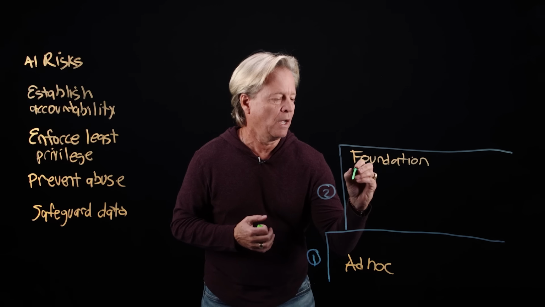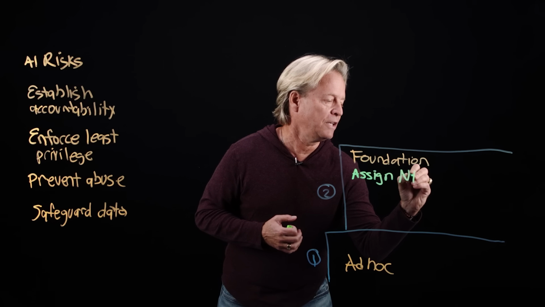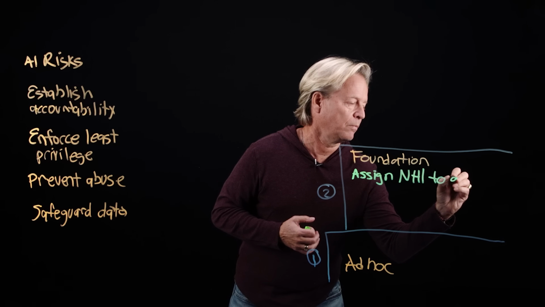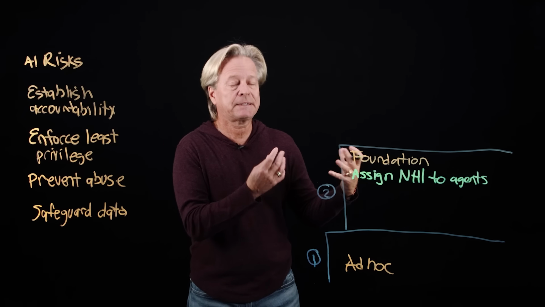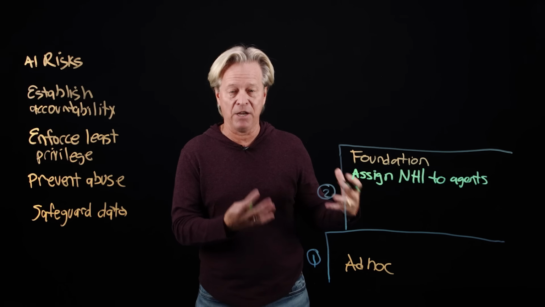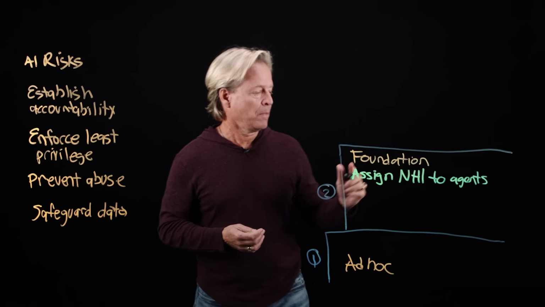And so when we think about the foundation and we want to establish secure and auditable agent access, the first thing we want to do is assign non-human identities to agents. Make sure that there's at least something that can represent the agent and the actions and the tasks that they're performing.